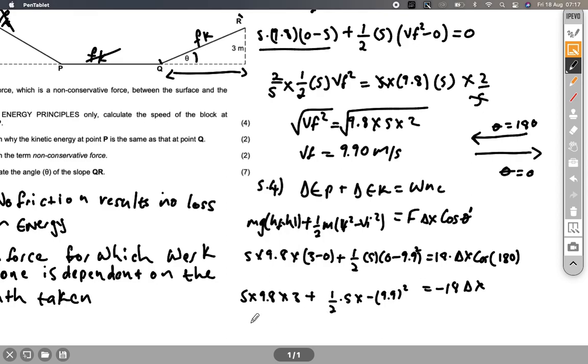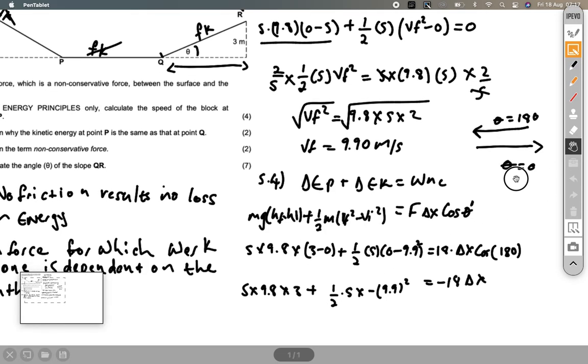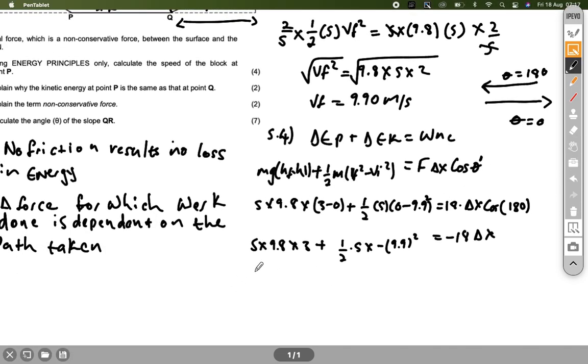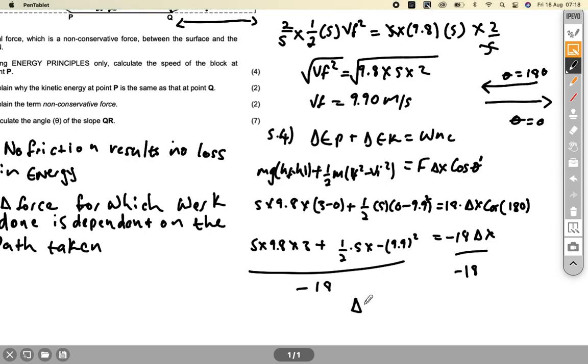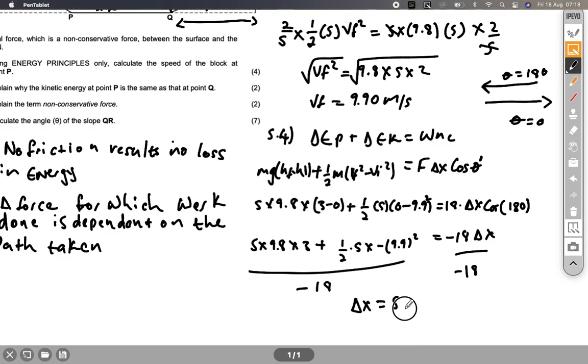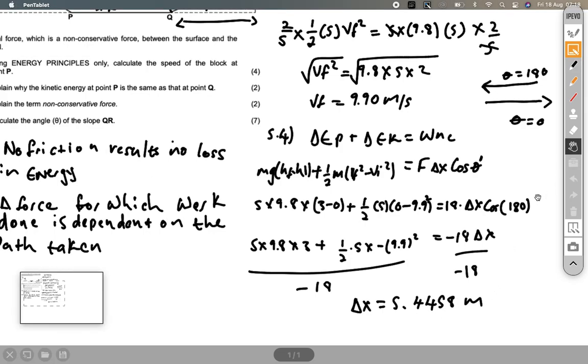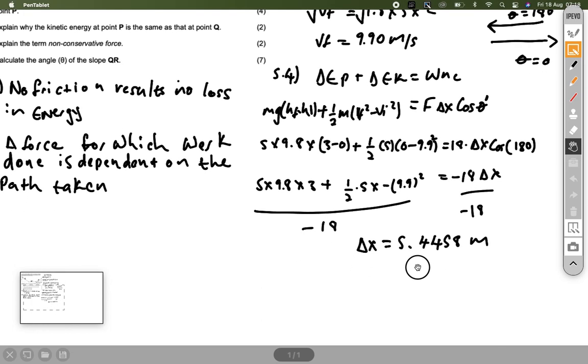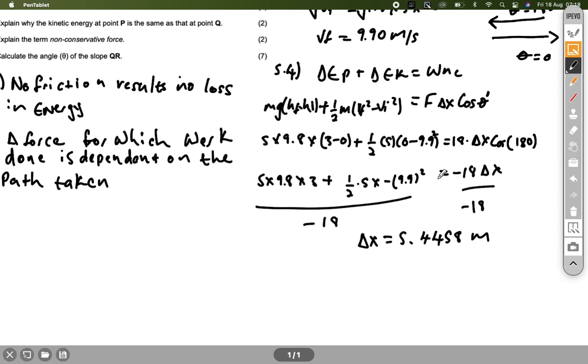Okay, and then what you do, you divide both sides by negative 18. If you punch that into your calculator, you should get that delta x is 5.4458 meters. Okay, and now remember, you cannot round this answer off since it's not a final answer.